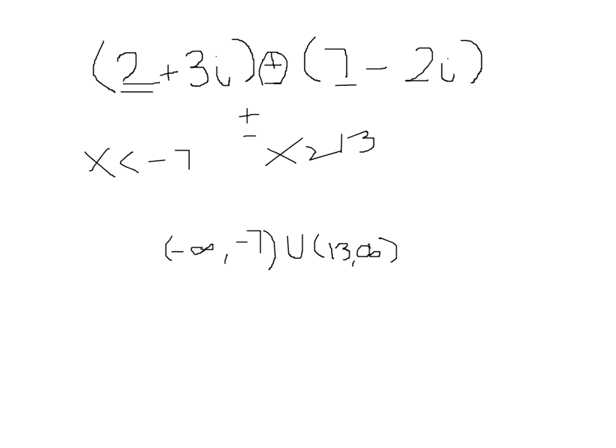That'll leave us with 9. And then we have a 3i and a -2i. If we combine those, we're left with just i, or 1i. So the final answer to that would be 9 plus i.